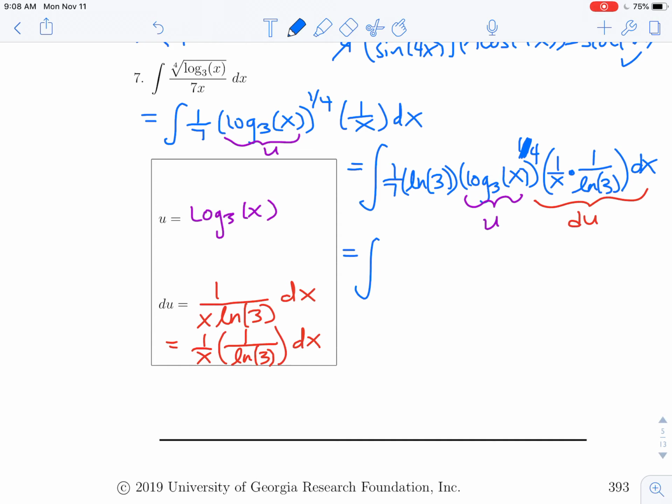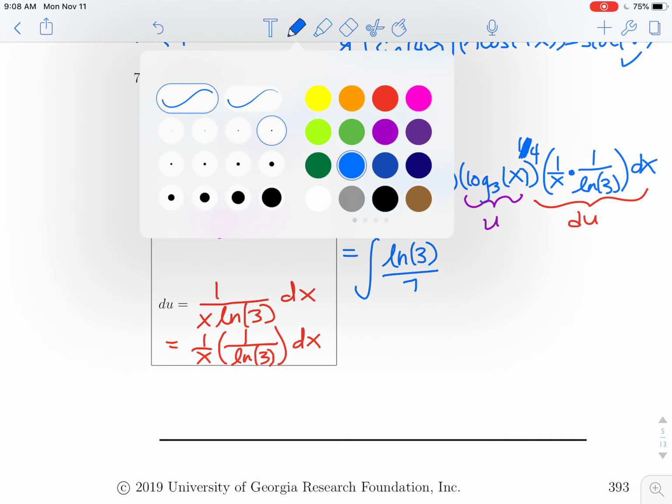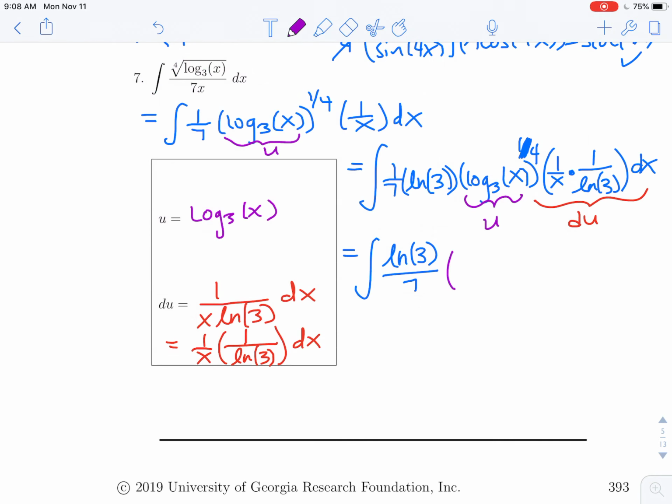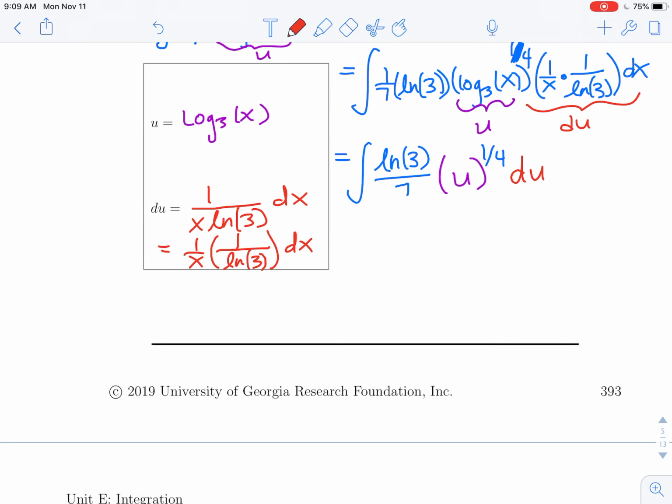This is the indefinite integral of natural log of 3 over 7 times u raised to the 1/4 power and then du. A natural log of 3 divided by 7 looks gross, but it's a constant, and so practically you just get to ignore it. So let's anti-differentiate.